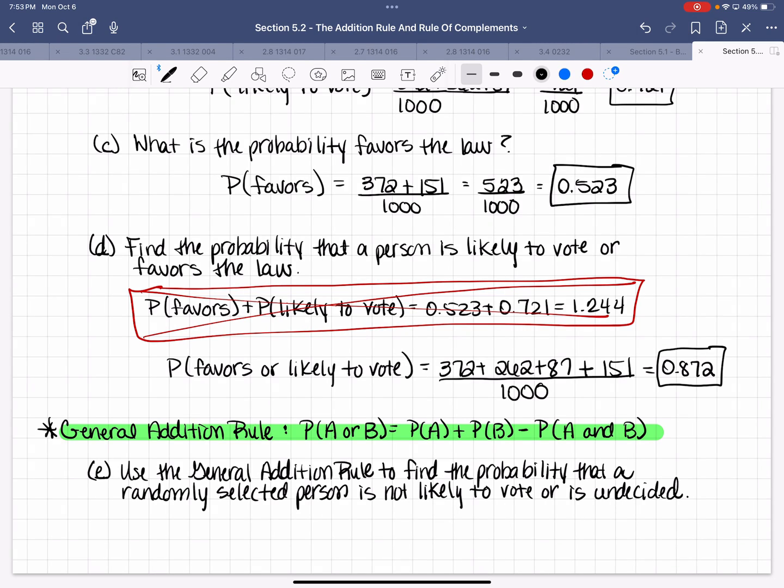And it tells me specifically here that I should use the general addition rule.